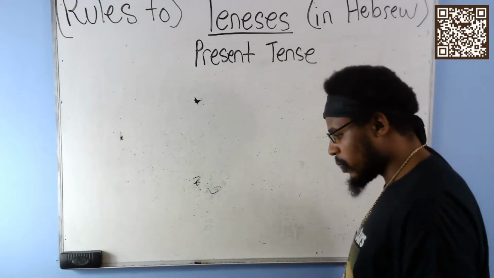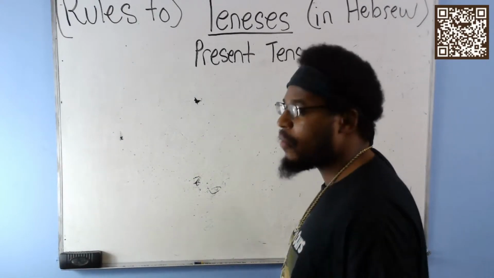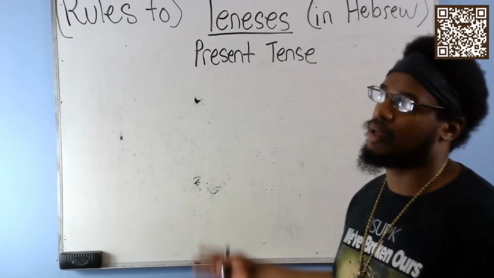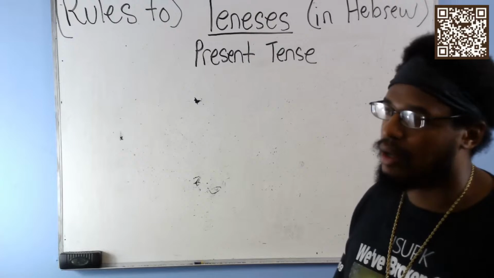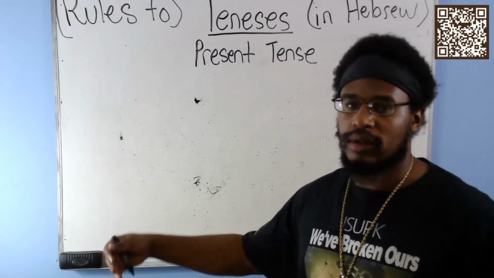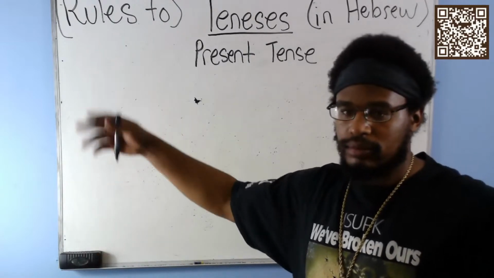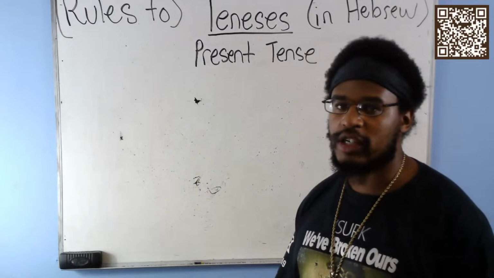So we're going to start off with YAHUAH. YAHUAH is just the verb that means to be. Since we're in present tense, we're going to start with YAHUAH. It just means to be. It's like is, like to be, is. That's what it means.